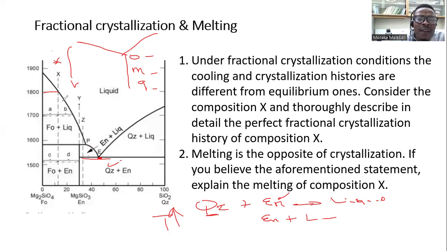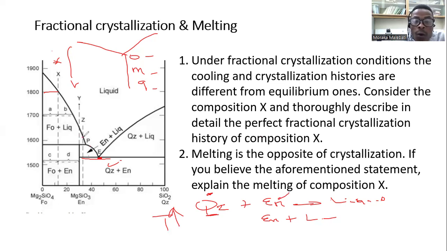We were considering composition Z. So we melt quartz first, and then somewhere here we melt the enstatite. As we're melting, the liquid composition will be changing until we are here.